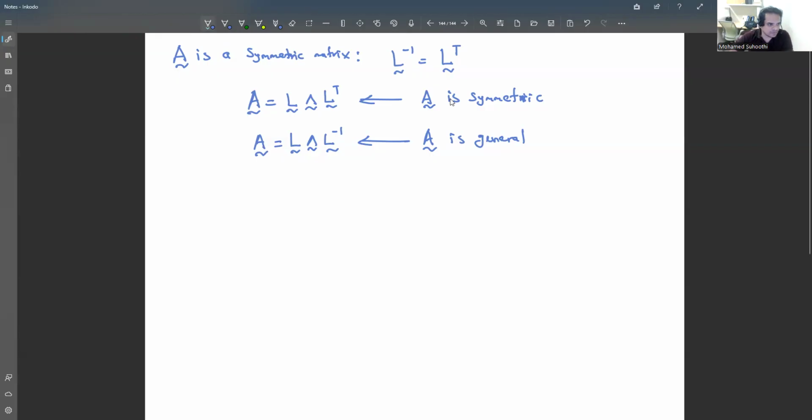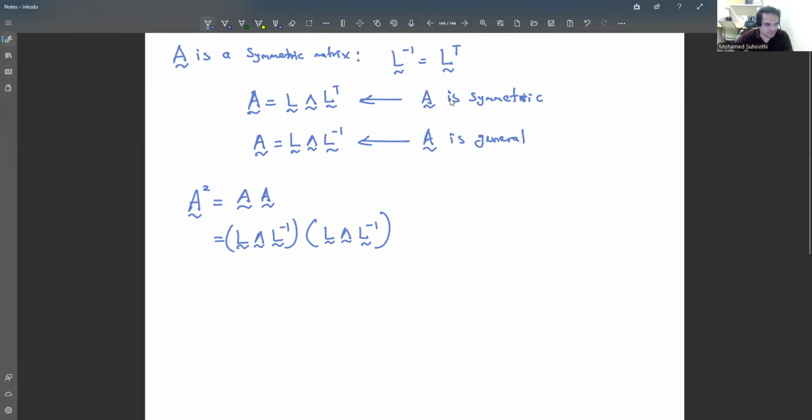When is it helpful for us? For example, if you want to calculate A squared, you can write it as matrix A into matrix A, that is L Lambda L inverse times L Lambda L inverse.